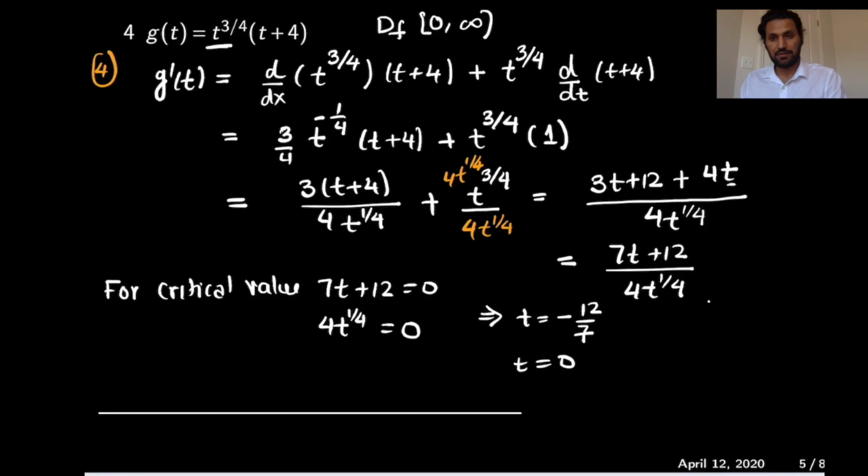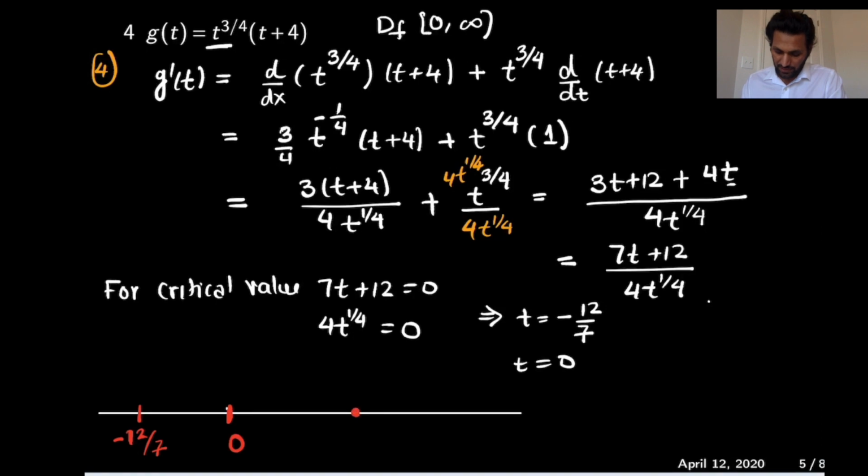All the exponents with an even number in the denominator are only defined on positive values. So our interval of increasing and decreasing will only start from 0. And since -12/7 is outside of the interval, this critical value we will not consider.